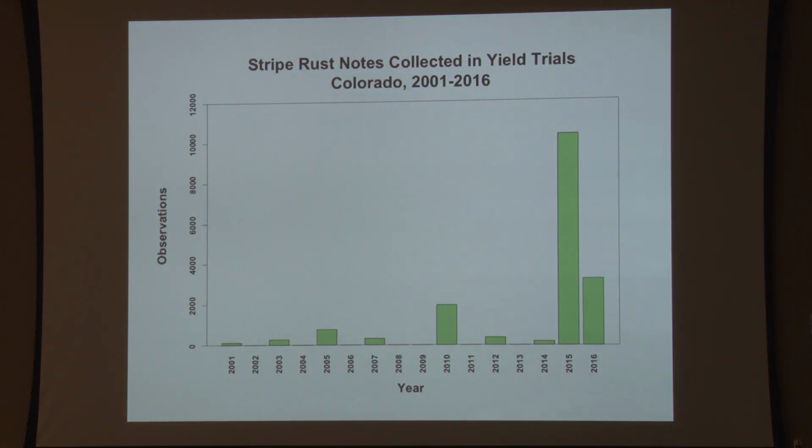So this is a graph of Scott's notes on stripe rust. Every time he scored a plot for having stripe rust, and he has thousands of plots every year. Those are years across the bottom. You can see that some years it warranted a couple of thousand notes of his, sometimes up to 10,000 notes.